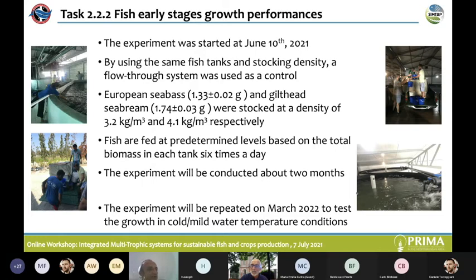European sea bass and gilthead sea bream were stocked at a density of 3 per cubic meter respectively. Fish are fed at predetermined levels based on total biomass in each tank 6 times a day. The experiment will last about 2 months.